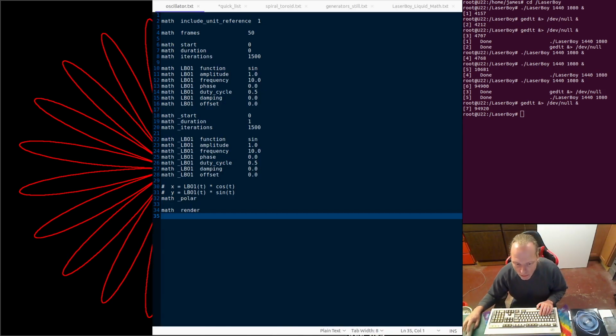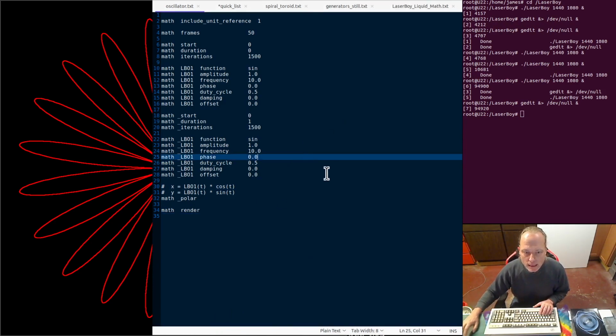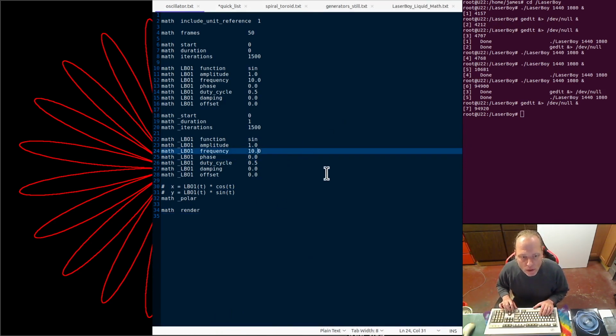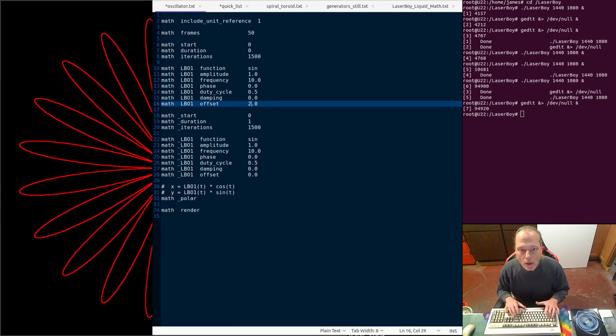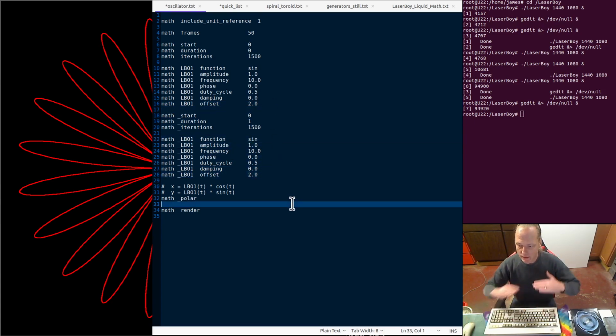we can also make it so that we can see the actual sine wave itself if we put the offset to, let's make it 2. Now remember, offset just moves the whole thing up and down. Well, in the polar coordinate sense, it's adding to rho.